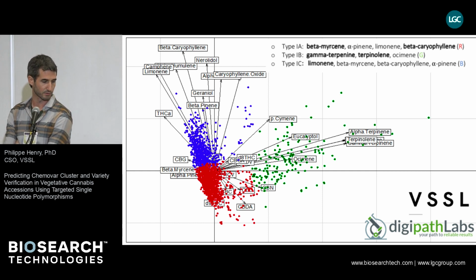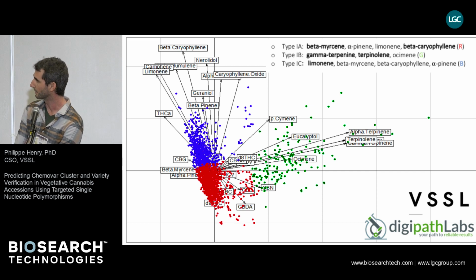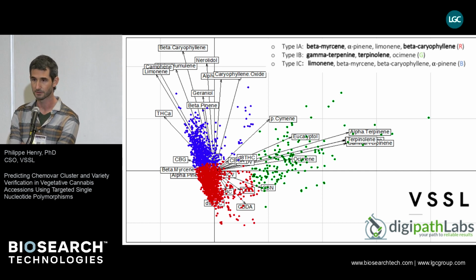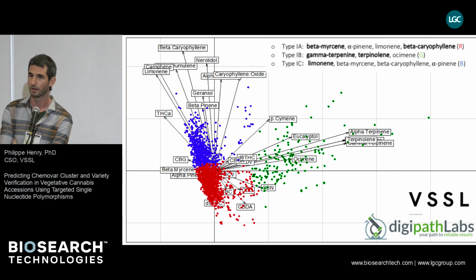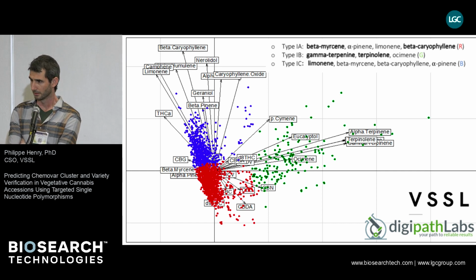So what this graph shows here is work done with DigiPath, which right now the data set has about 9,000 entries that are chemotyped at 11 cannabinoids and 19 terpenoids.